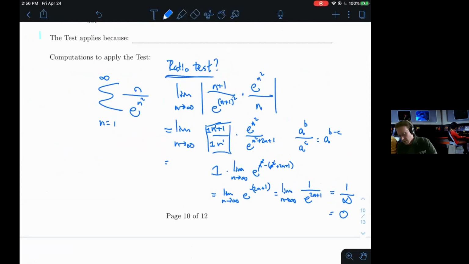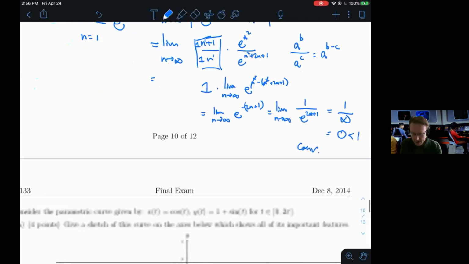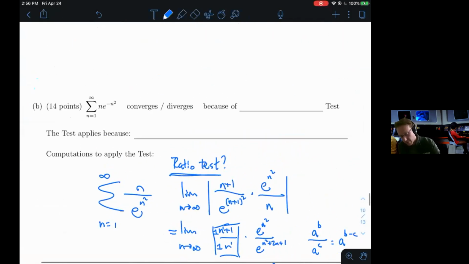The condition is: is this less than 1? Is it greater than 1? Sorry, I kept saying 0, I meant 1. Or sadly, sometimes when it's equal to 1, it's inconclusive. So in this case, it's less than 1, so we know that it converges by the ratio test. So to answer the question here, it converges because of the ratio test.